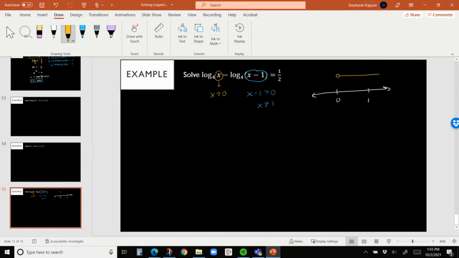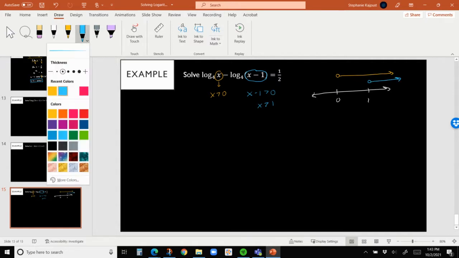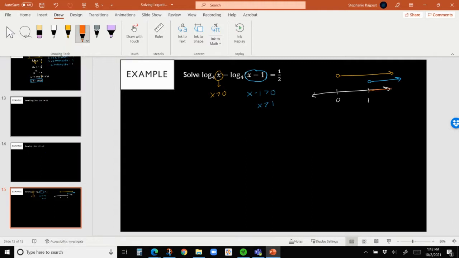I know that I have to be greater than 0. I know I have to be greater than 1. And so we're looking at the overlap here. They overlap greater than 1. So whatever we solve for x, we need to make sure that it is greater than 1.